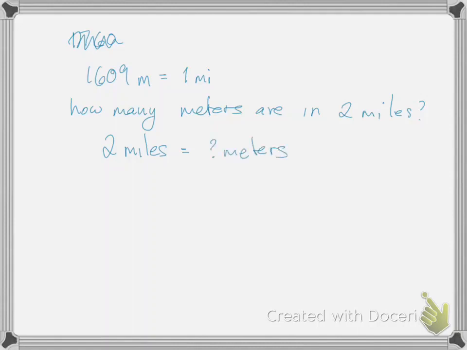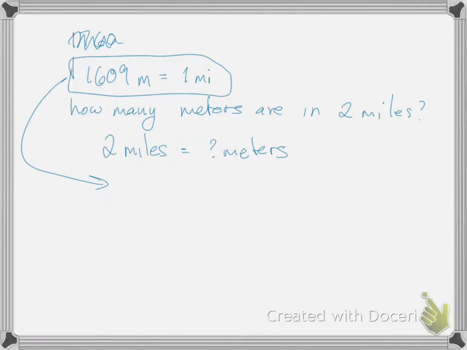We're going to use a conversion factor, and the conversion factors are going to come from these conversion equalities. So if we know 1 mile is 1,609 meters, 1 yard is 3 feet, 1 foot is 12 inches, those are conversion equalities. But we can write a conversion factor from this.